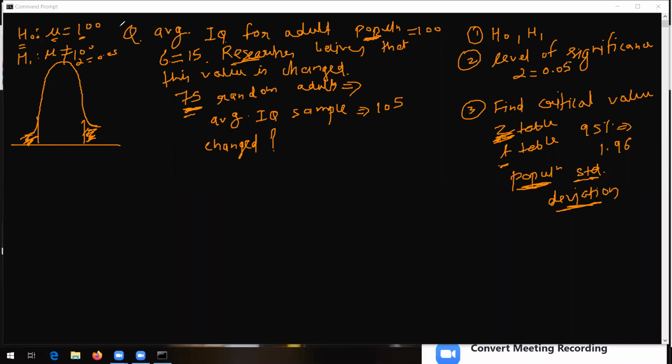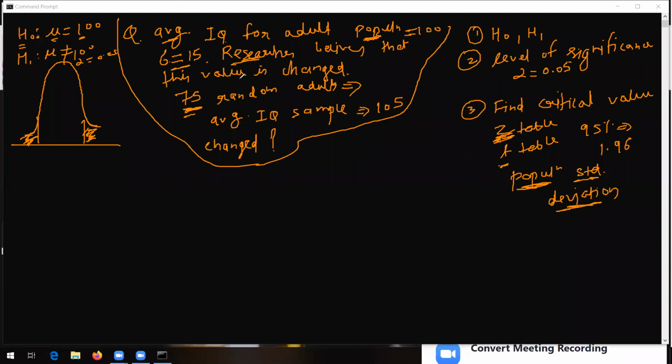Okay, I hope everyone is able to understand this particular problem. In short, I have written it out. If you want, I will repeat it once again. See, something like this is given to you. The average IQ for the adult population is 100 with a standard deviation of 15. Now, the researcher believes that this value has changed because of some reason.